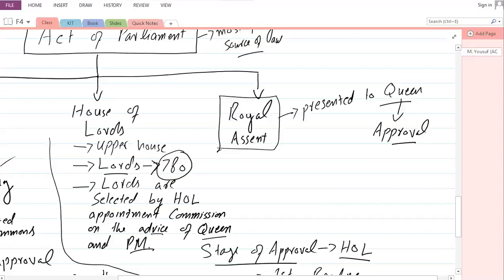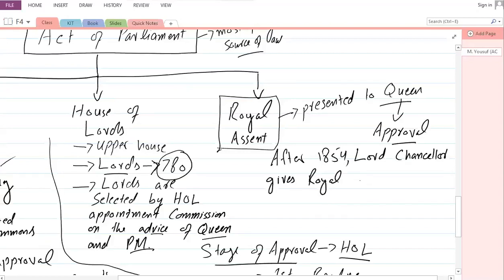Before 1854, the Queen used to give royal assent by herself. But after 1854, the Lord Chancellor gives royal assent on behalf of the Queen.